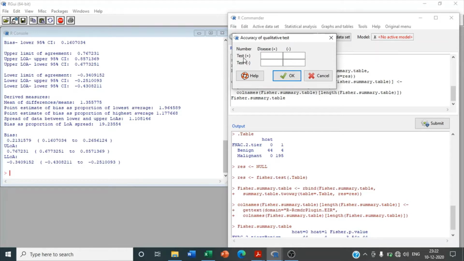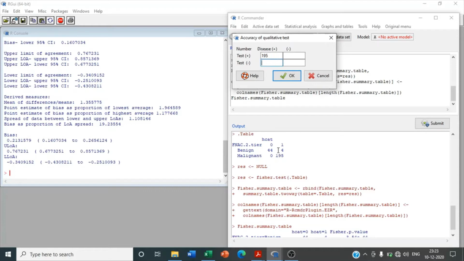Now, test positive for malignancy and disease positive. The top left cell actually corresponds to the bottom right cell over here. We are trying to diagnose malignancy. Malignant cases are those which are positive for disease. Test positive and disease positive is actually this 195. Positive for disease, that is biopsy category HCAT 1 malignancy, but negative by the test, that is put as benign by the test.